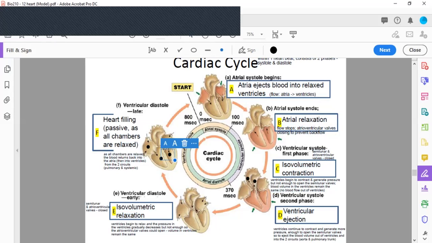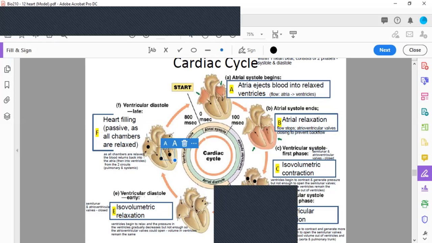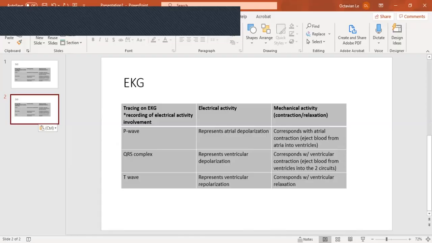Okay, now let's go back to the chart that we made a while back. I want you guys to look at this. This is the chart I gave you a while back.